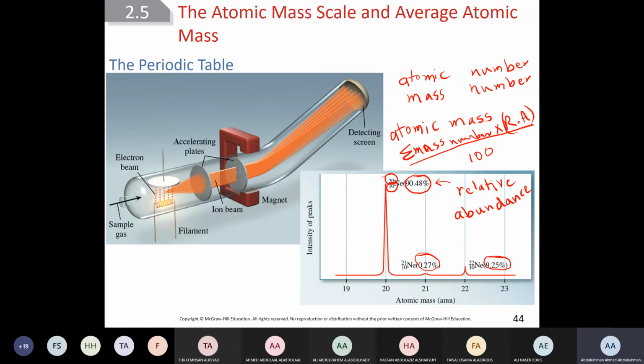Is this clear? After I multiply mass number by relative abundance, I add them together, right? That's why I say summation. You know this letter? Summation for the mass number times relative abundance divided by 100. This will give you the atomic mass. Okay. Thank you.